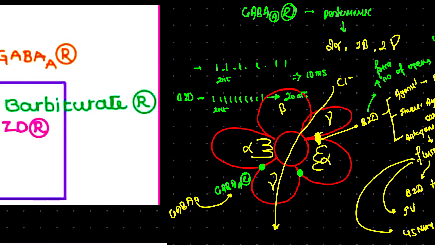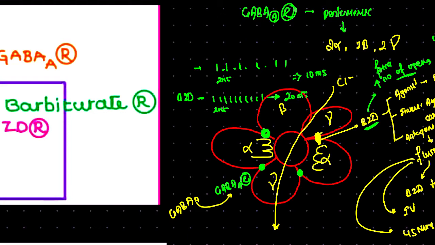Barbiturates are present right here, between the alpha and beta subunit. Now here is how barbiturates will work: as we mentioned, benzodiazepines were increasing the number of times of opening, the frequency of opening of the chloride channel.